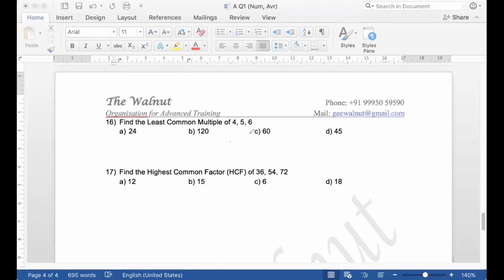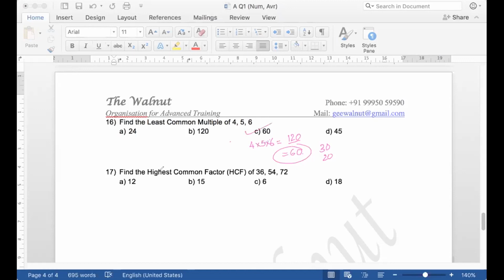If it is least common multiple, usually what we do is 4 into 5 into 6. 4 into 5 is 20, into 6 is 120. However, in this case, half of 120 is 60. 60 is a multiple of 4, a multiple of 5, a multiple of 6, possible. How about half of that? It must be 30. 30 is not possible, and 20 is not a multiple of 6. So 60 is the answer.